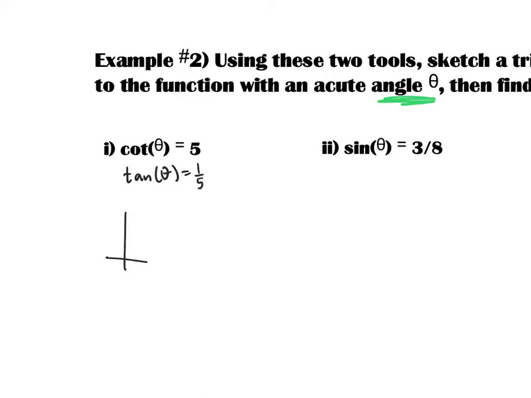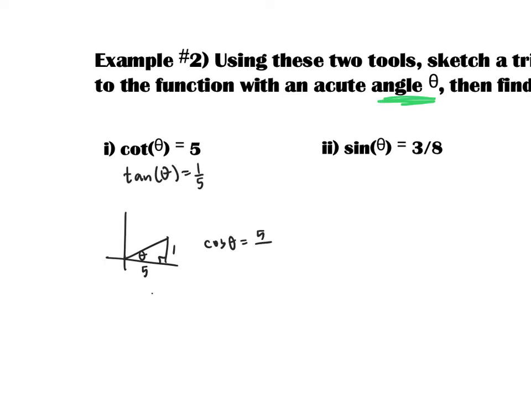So if I sketch in quadrant 1 a tangent of 1/5, here's my right triangle, there's my angle measure, opposite, adjacent. What I need to find in order to find the cosine of theta is first I need to find the hypotenuse, and then I'm going to take 5 over the hypotenuse. So the cosine of theta is going to be 5 over whatever our hypotenuse is.